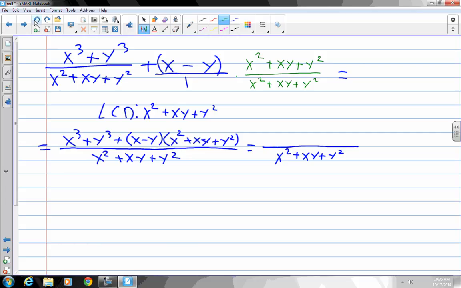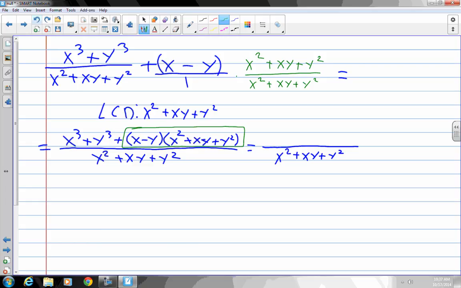So the question is, does the product of these two parentheses look at all familiar? Can we multiply it fast? What do these two parentheses remind you of? Yeah, the difference of cubes. So I don't have to work really hard.